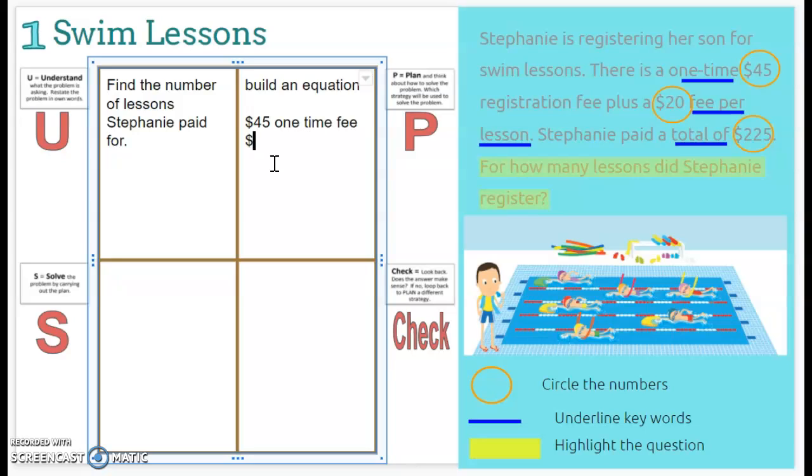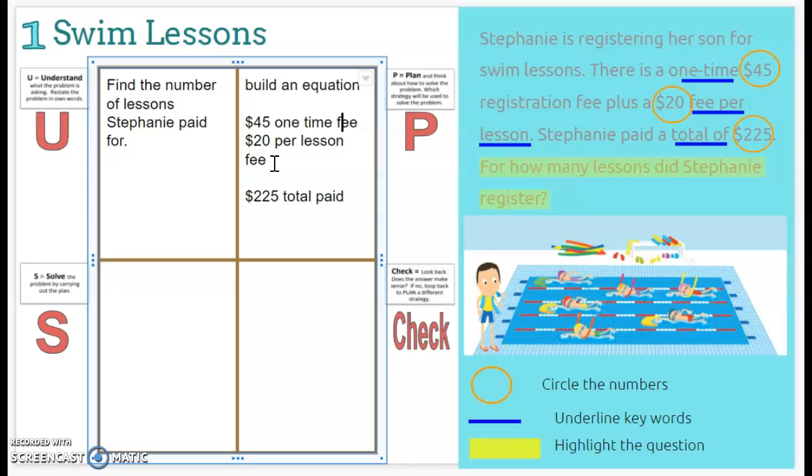I have the $20 per lesson. Per lesson fee. And then I have, she paid $225 total paid.